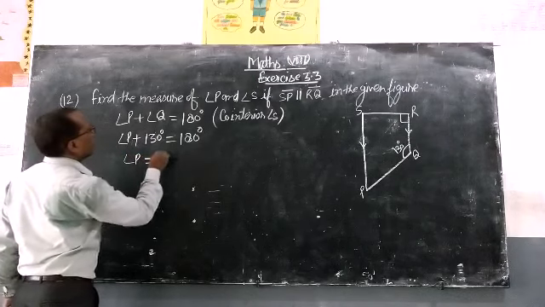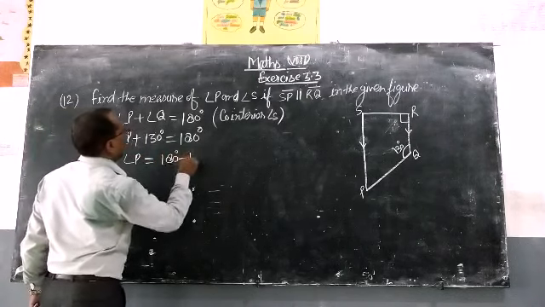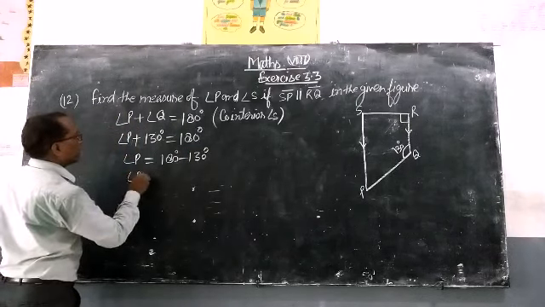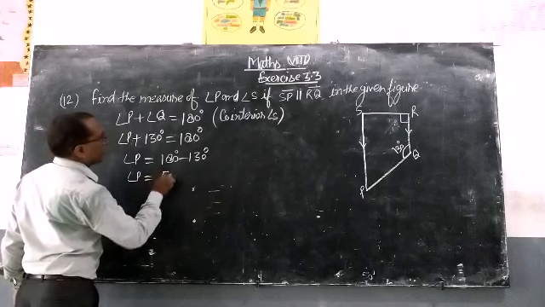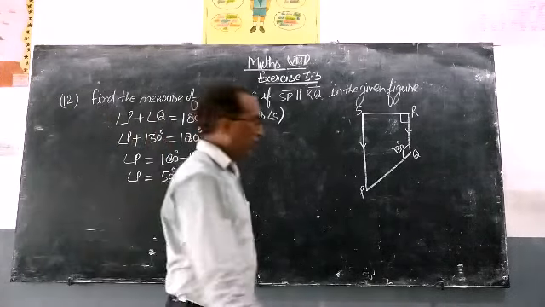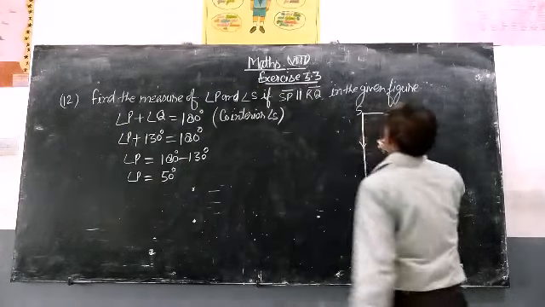Angle P is equal to 180 degrees minus 130 degrees. Angle P is equal to 50 degrees.